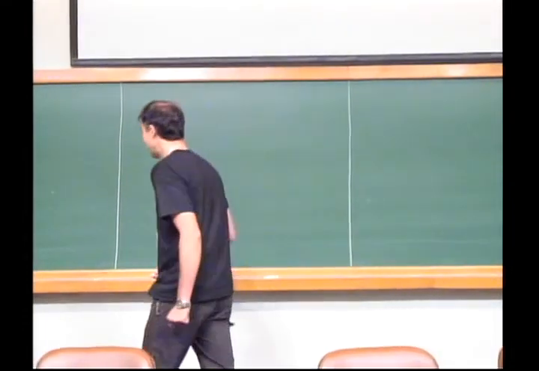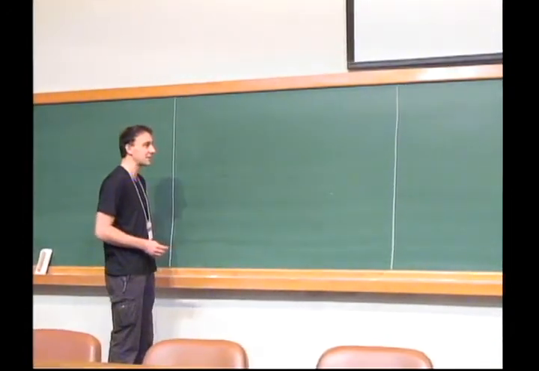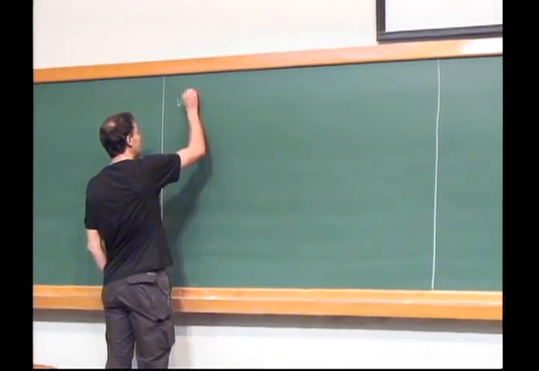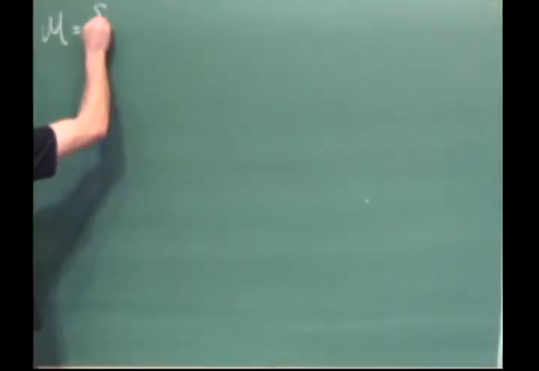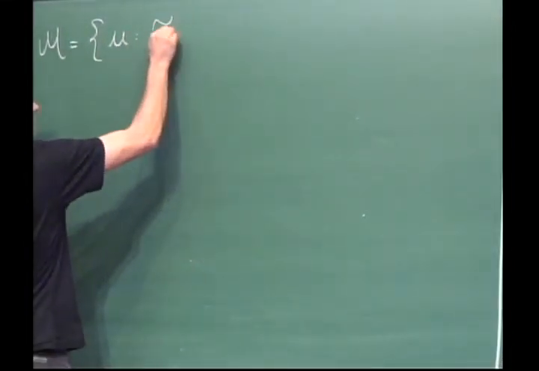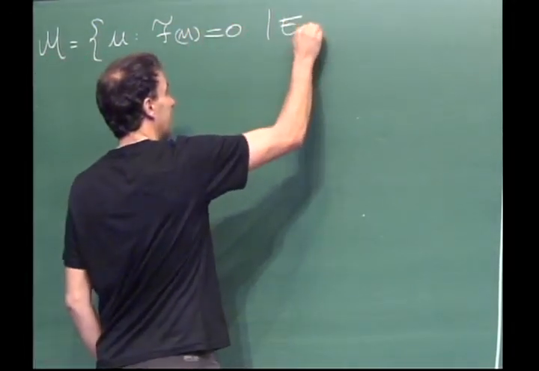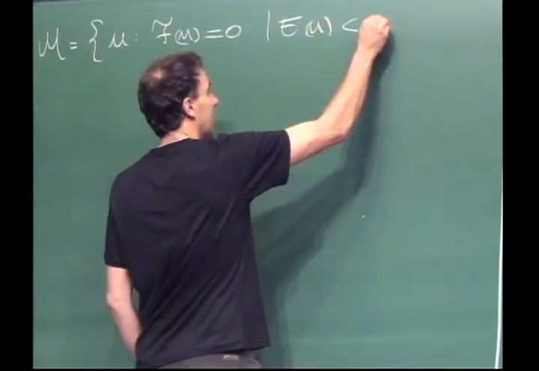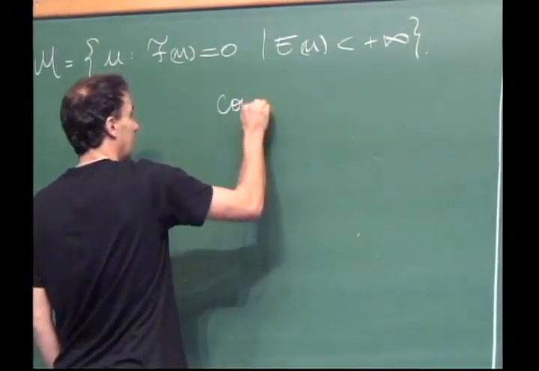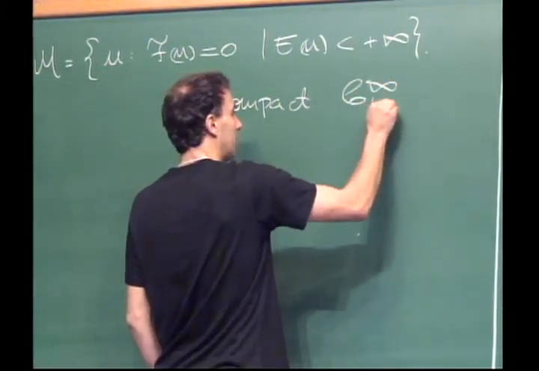Thank you. So in this last lecture, I will finish the construction of the Floer complex. Remember that yesterday we finished by showing that this space of Floer solutions of finite energy was compact in this topology.